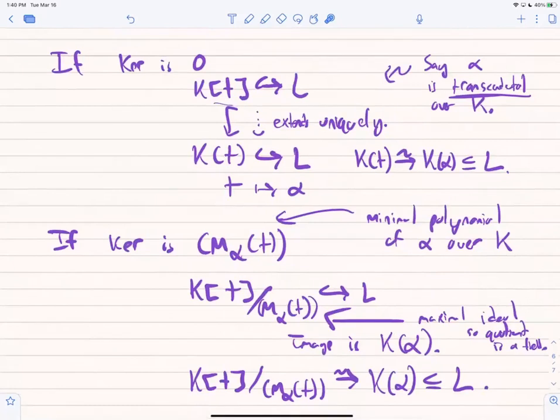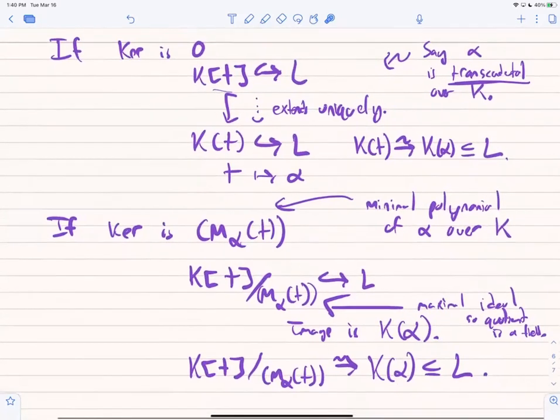Okay. So minimal polynomial means the smallest polynomial with coefficients in K such that f(alpha) is equal to 0. The reason a minimal polynomial exists is precisely because the polynomial ring is a principal ideal domain, and the set of all polynomials which vanish on alpha is an ideal.